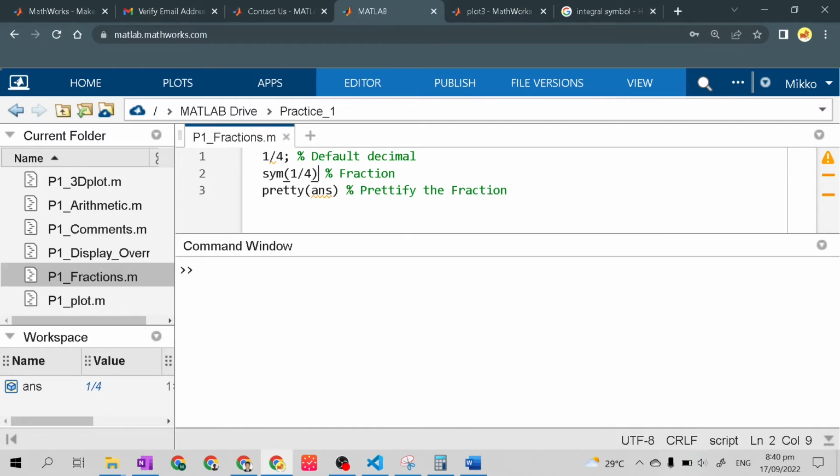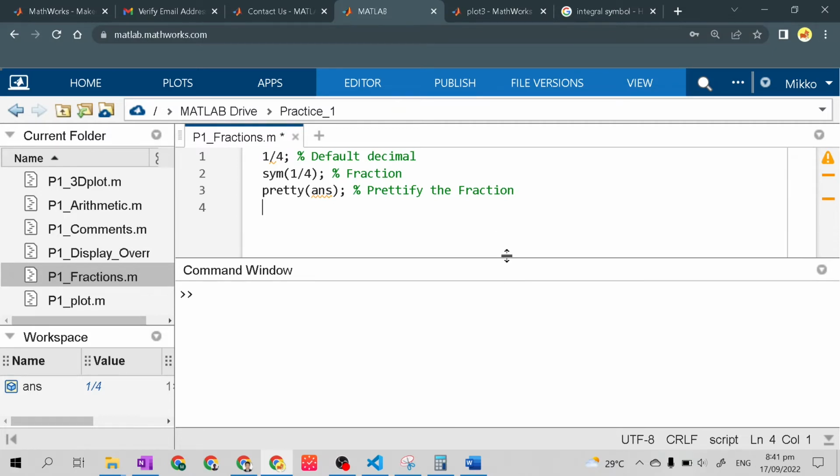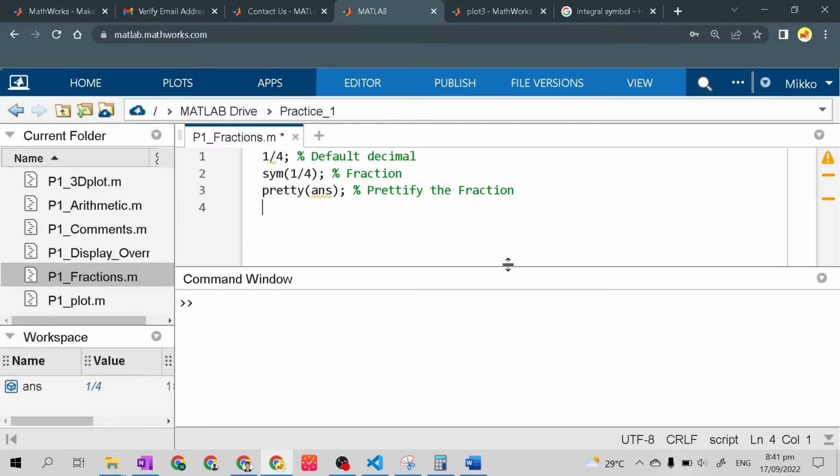So let's make this again. Let's put some semicolons so it will not show in the command window for our next example. So let us have an example.